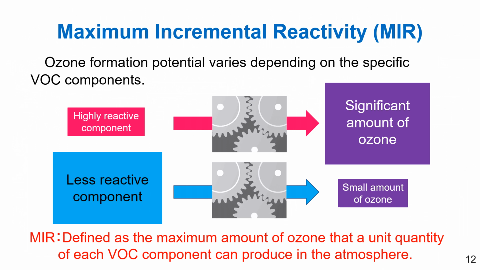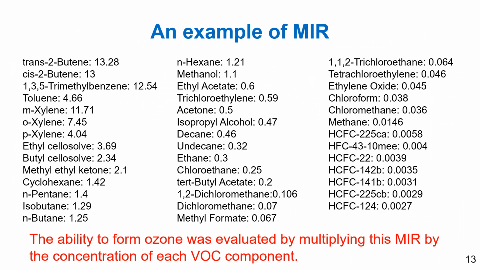Since most components for which MIR has not been calculated are low reactivity compounds like freons, their contribution to ozone formation is considered negligible, and thus MIR was assumed to be zero in these calculations. An example of MIR is shown on this slide.